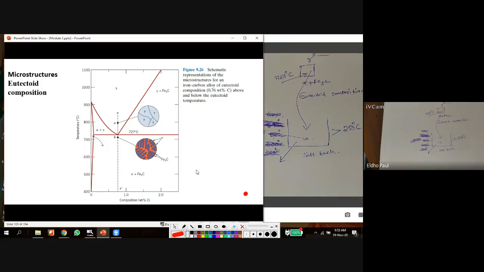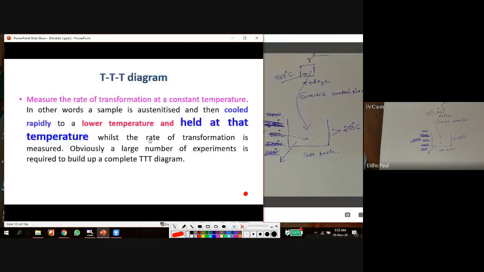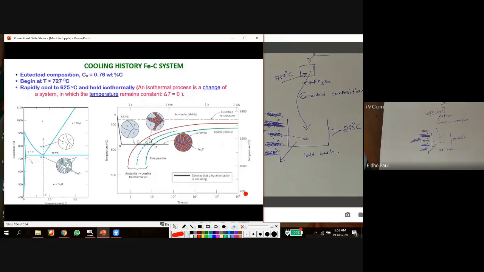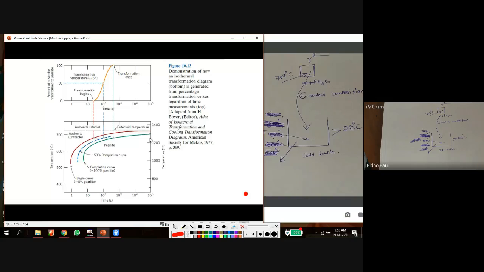Under slow cooling we can produce pearlite. Here we can see in this graph the time required for cooling.